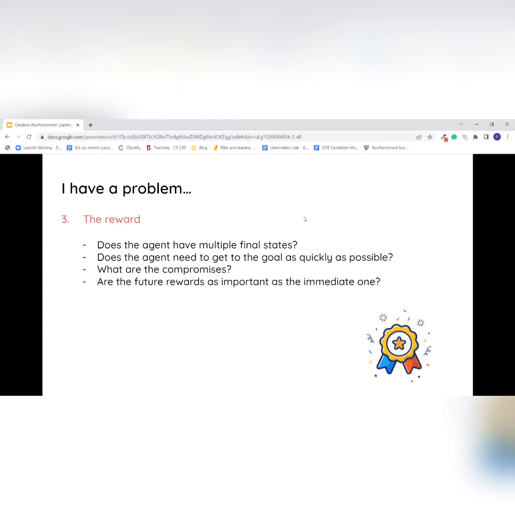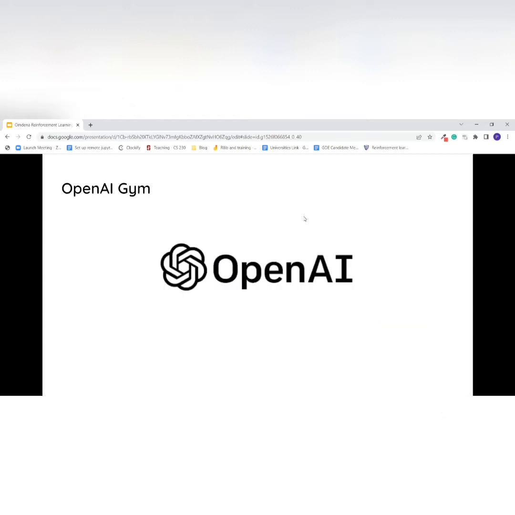So what we talked about, both the environment and the reward, this can be done with what we call a library called OpenAI Gym. OpenAI Gym is the most common way. Actually, it's a tool, a library that allows us to build different environments.